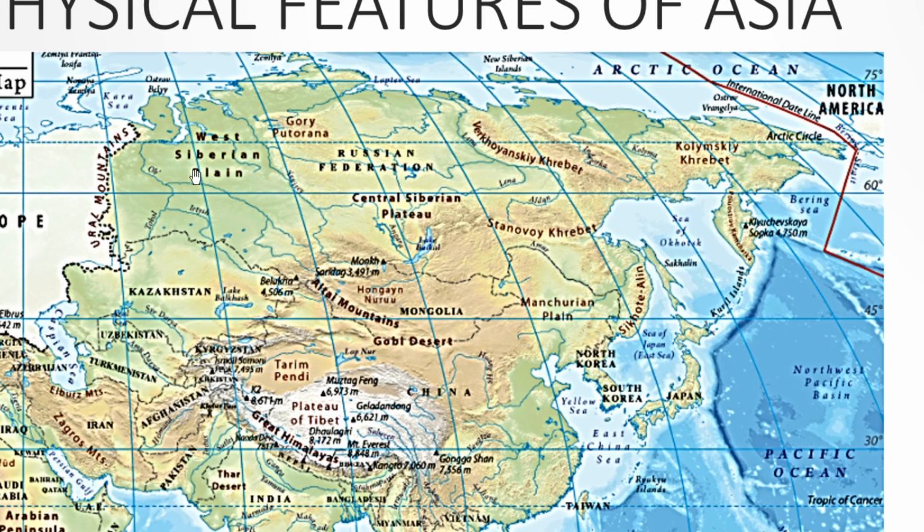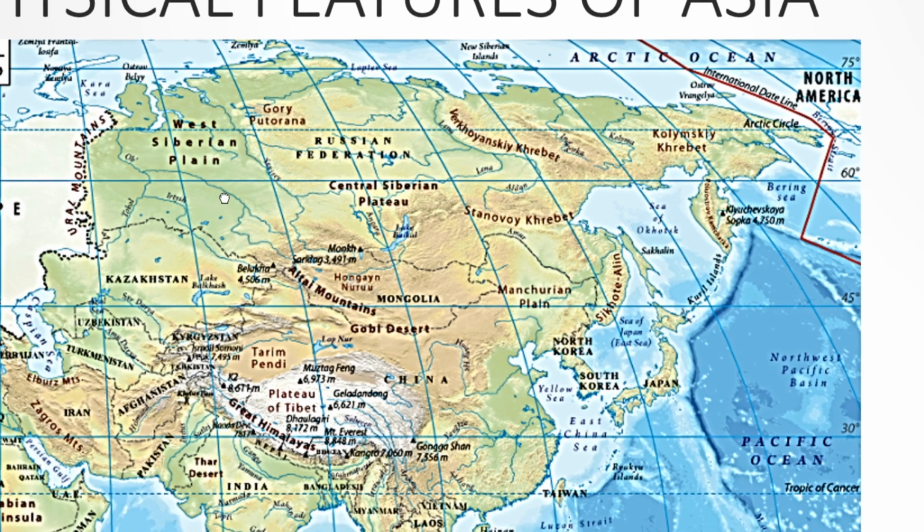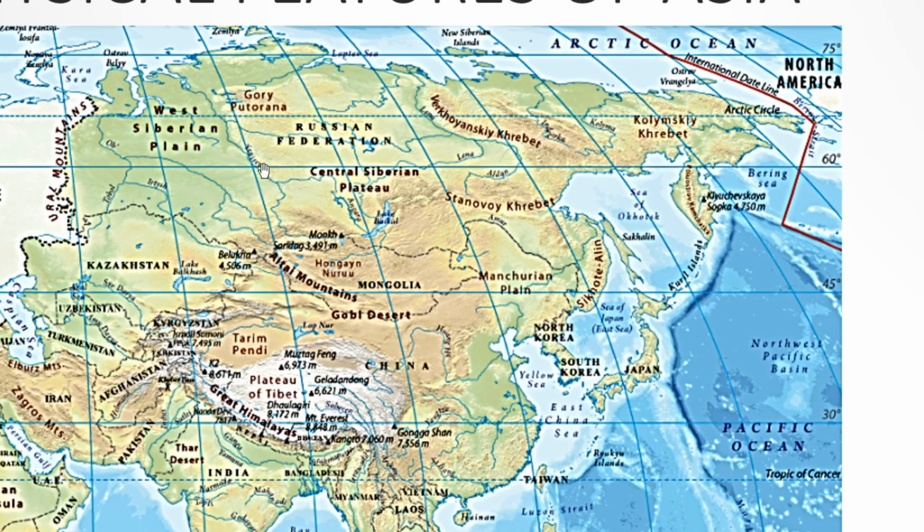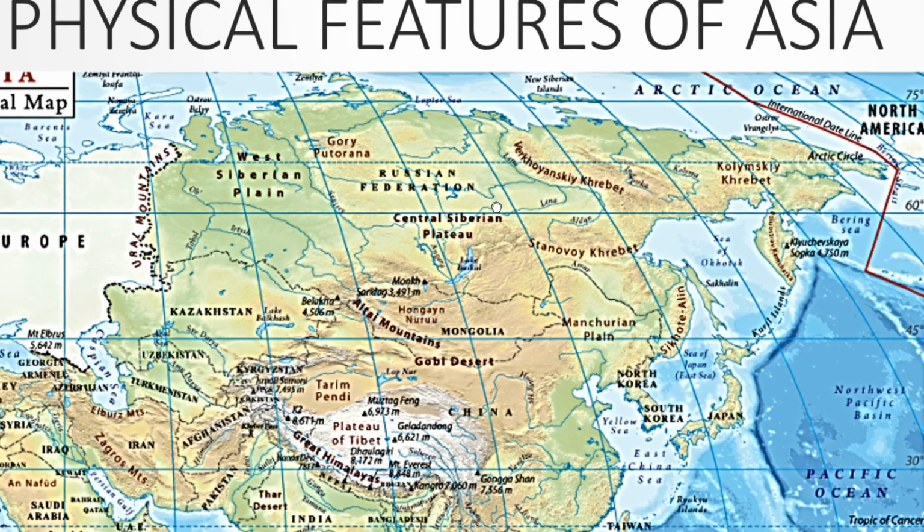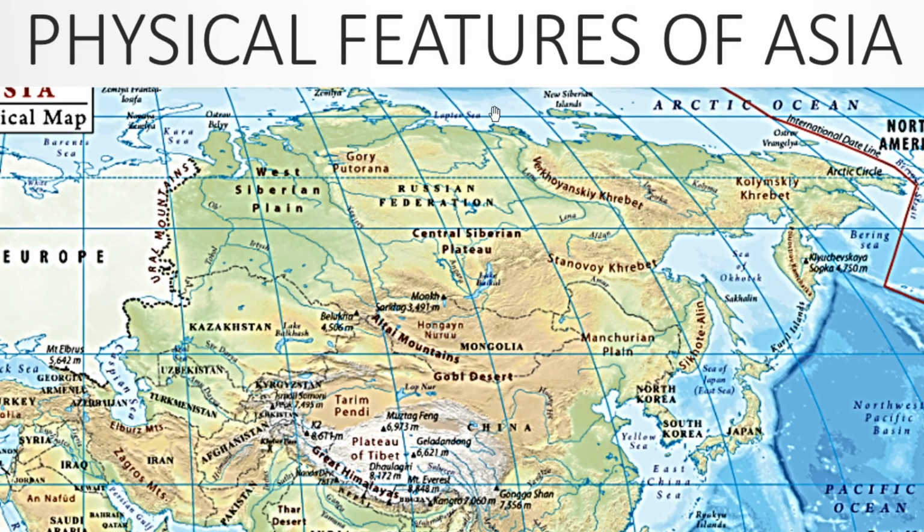It is drained by three very important rivers: the Ob, the Yenisei, and the Lena. Now these three rivers drain into the Arctic Ocean.